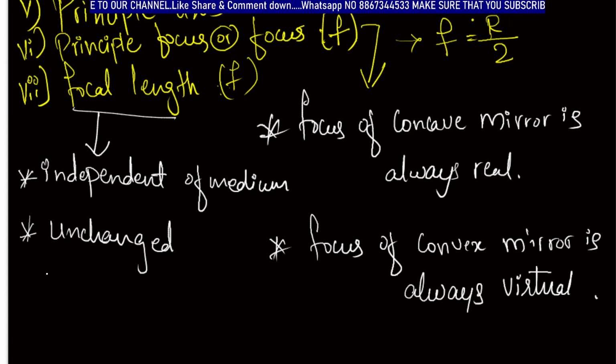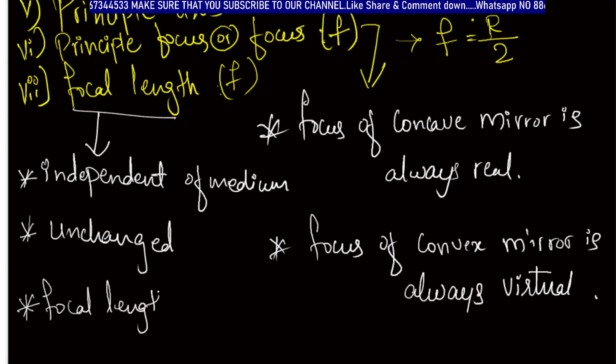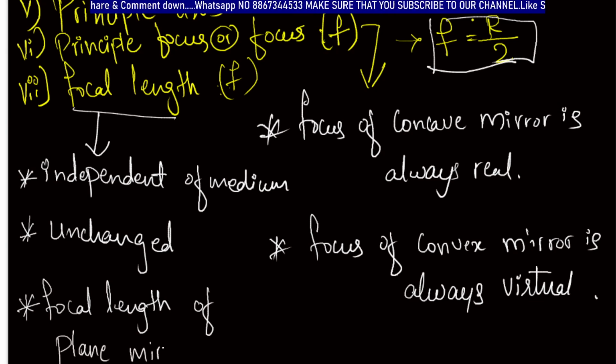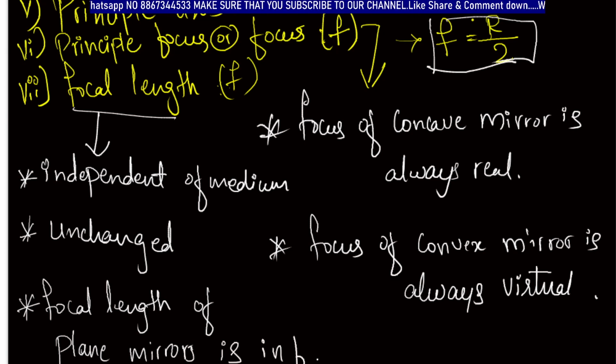Again, an important point about the focal length: we know in spherical mirrors the focal length is always R/2, but the focal length of plane mirrors is infinity.